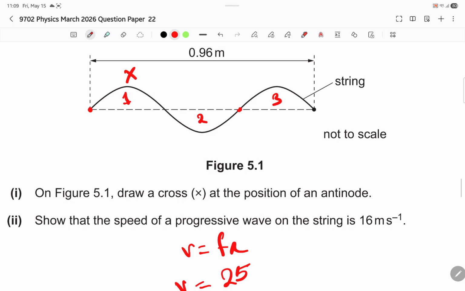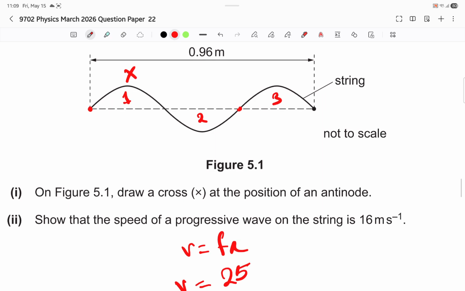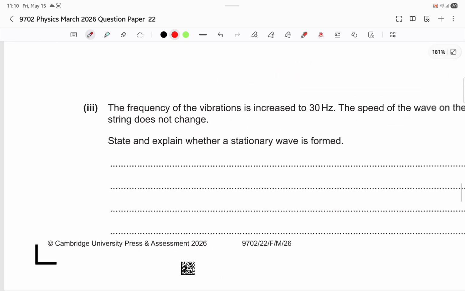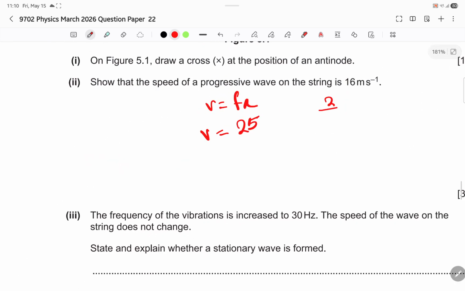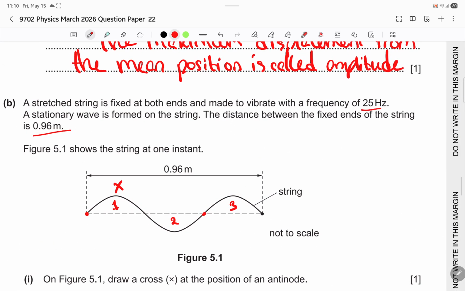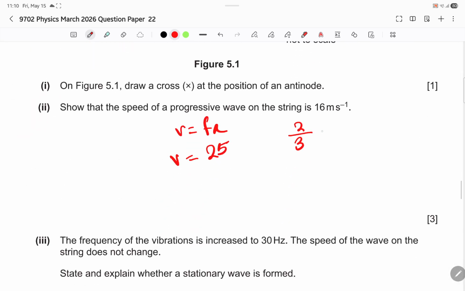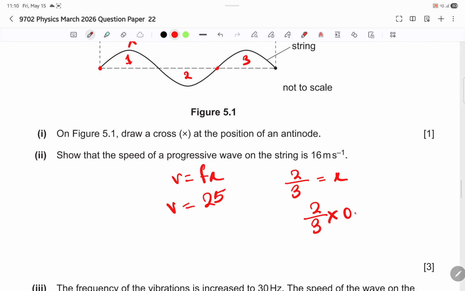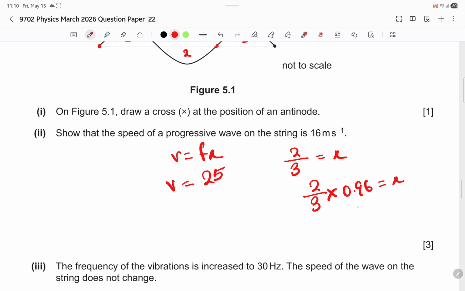So basically two-third, right? 2/3 of this whole distance is the wavelength. But 2/3 of what? The total distance is 0.96. So what is 2/3 of 0.96? 0.64. And that is your wavelength.